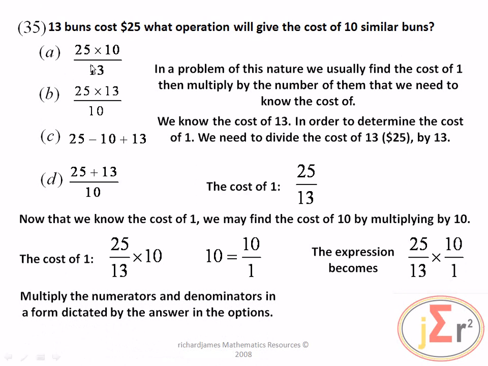Notice that in the options we have 25 multiplied by 10 over 13, 25 multiplied by 13 over 10, and so on. We're going to use that same format and see which one is correct. So it is 25 multiplied by 10 over 13, and that is what we have right there. The answer is option A.